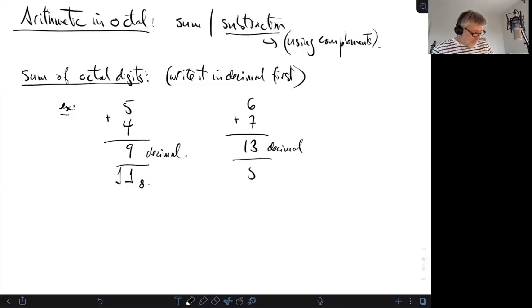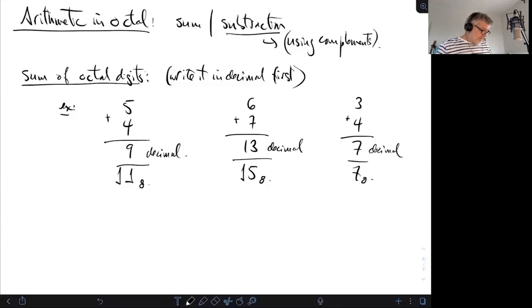So this is 5, and you'll have a carry of 1 in octal, and so on and so forth, okay? Or if the digits are small, then of course it makes no difference. So if you had 3 plus 4, that would be 7 decimal, but that's the same as 7 octal, right? It's the same thing.